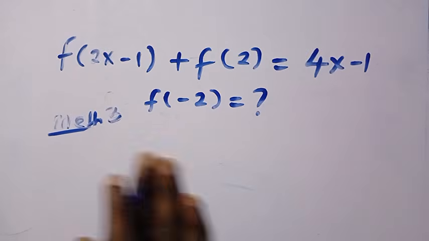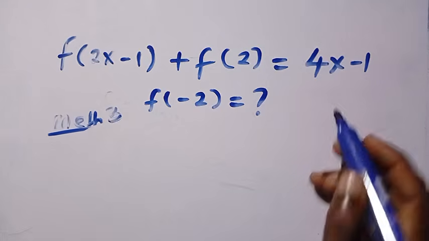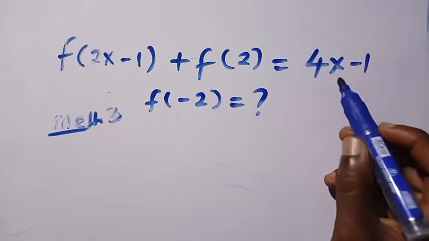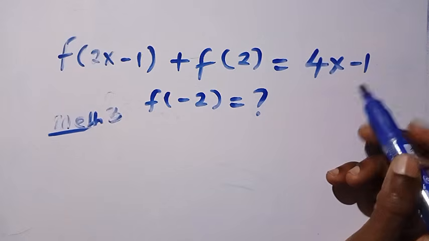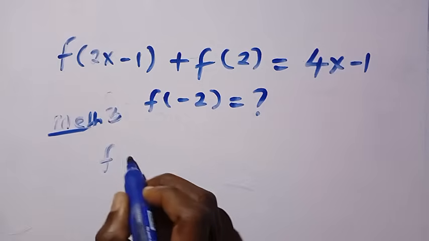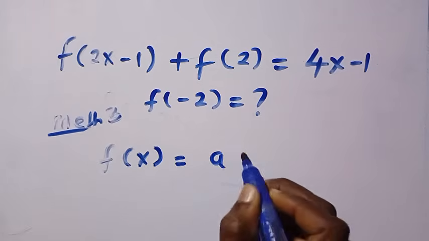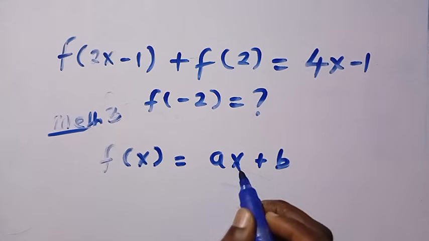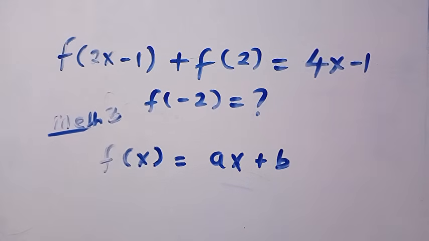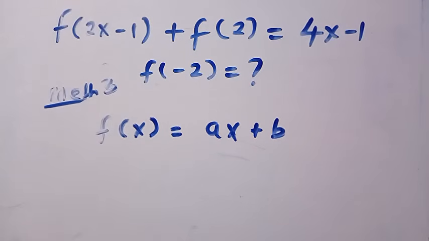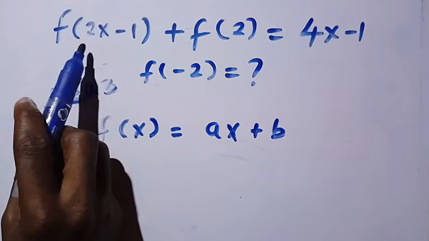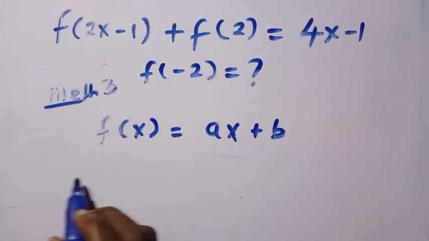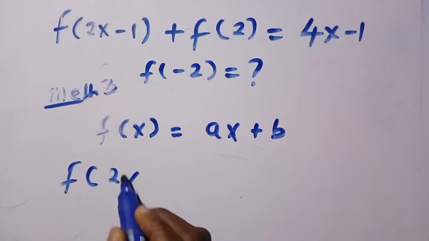Welcome to the third method of solving this. Here, looking at 4x minus 1, we see that this is a first degree equation, since x is to the power 1. If I assume f of x to be equal to ax plus b, that is a linear equation, or we call it a first degree equation. So we arrange f of 2x minus 1 by changing this x to 2x minus 1.